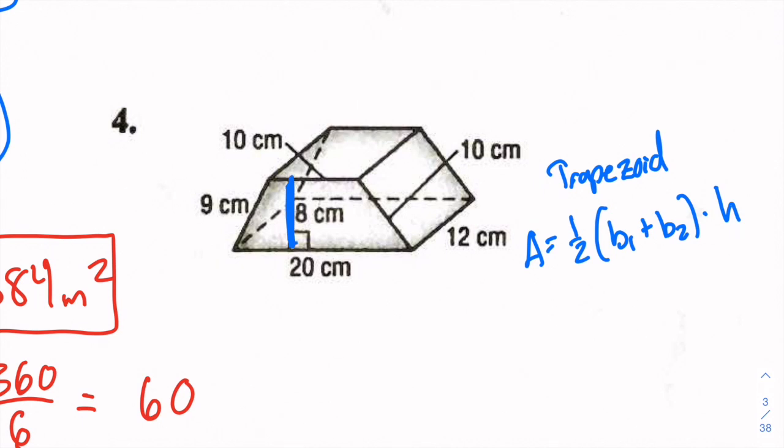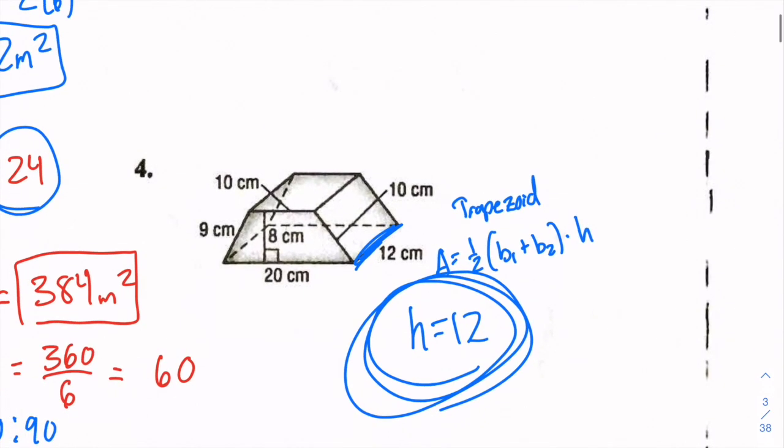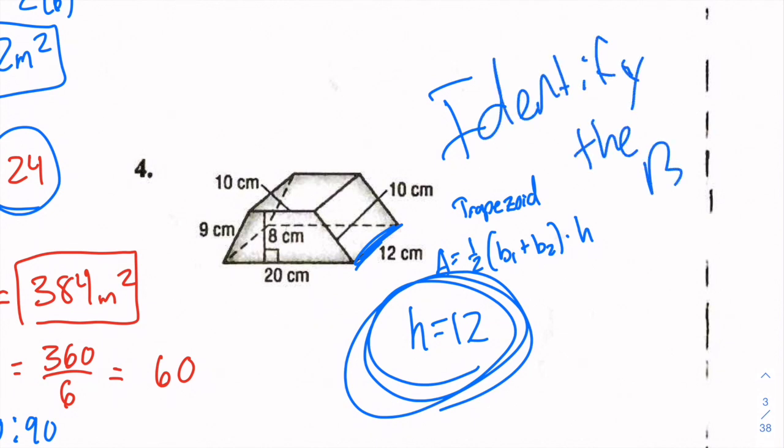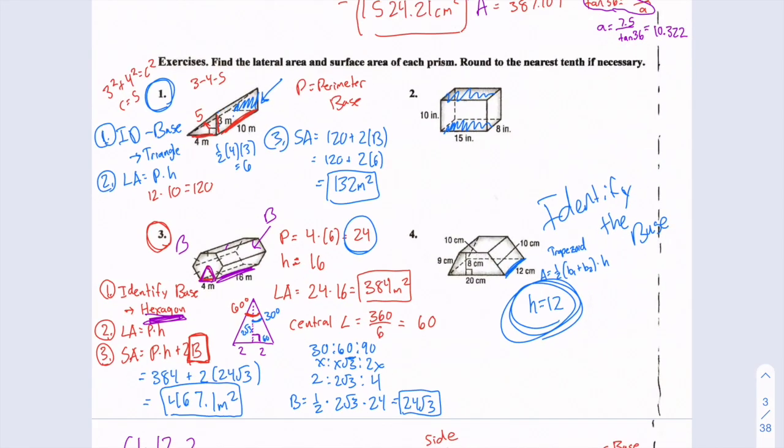That is the height of the trapezoid. It is not the height of the prism. The height of the prism is actually 12. Just kind of work your spatial thinking a bit. So again, that's why it's so important to identify the base. That will then guide you to the next step of solving the problem.